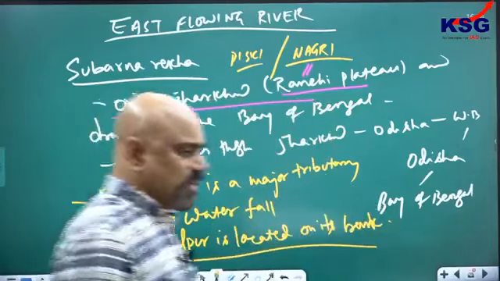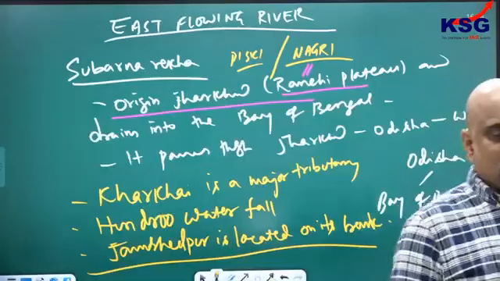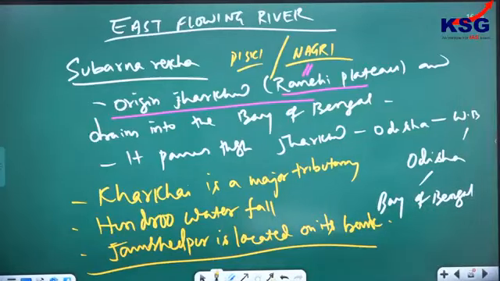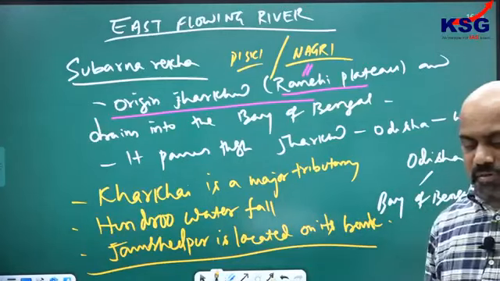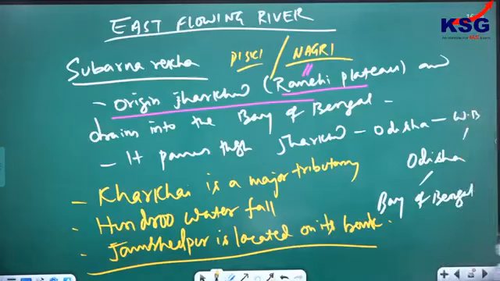Jamshedpur is located at its bank. Okay, this much you will get. Fine, this river Subarnarekha. Then we have Budabalanga river.